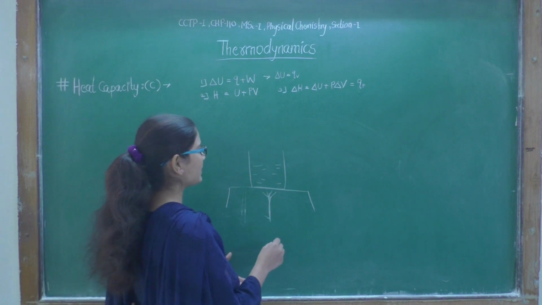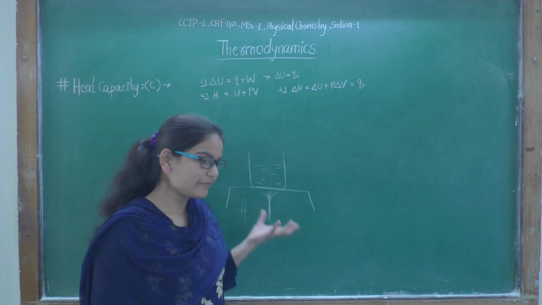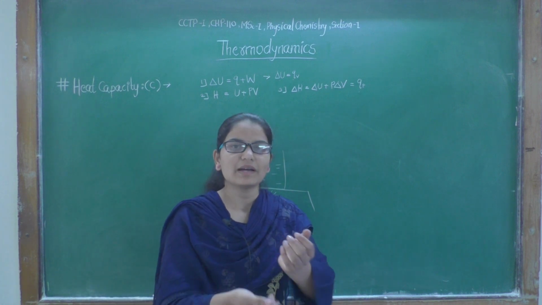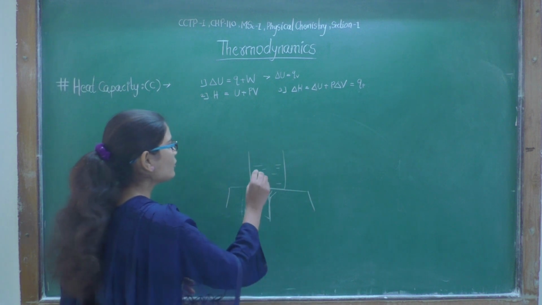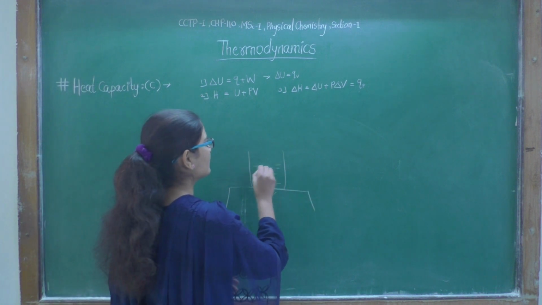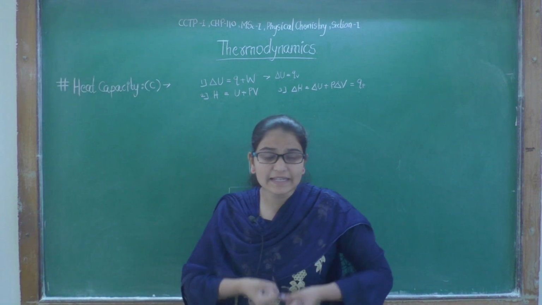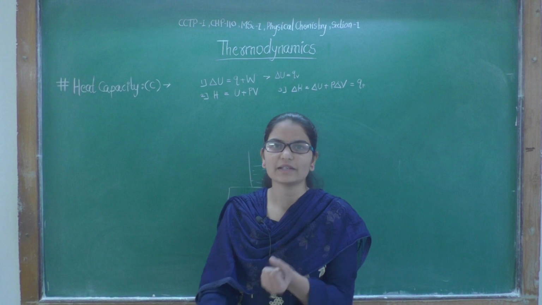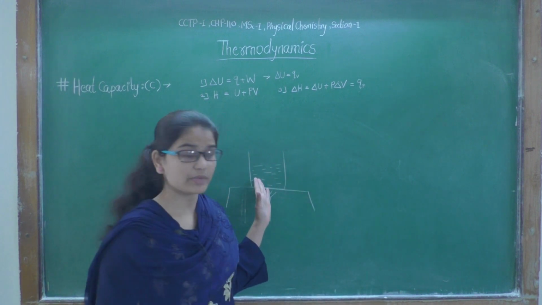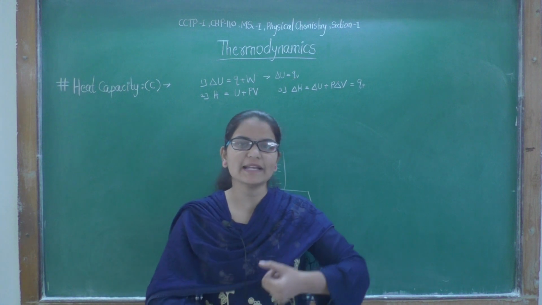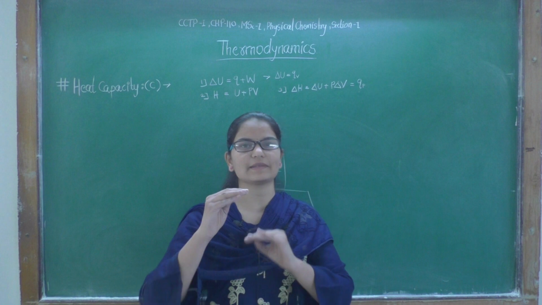Now what will happen? Slowly, with time, the temperature of the water will increase. Why will the temperature increase? Because water is getting heat from outside. This is our system now. System will store heat inside it, and due to that heat, temperature will increase.